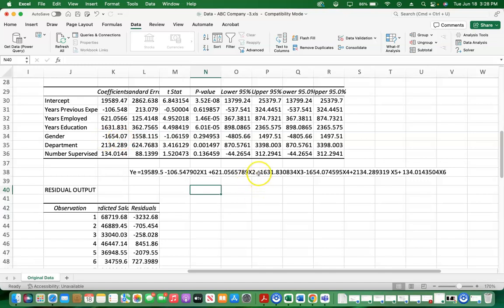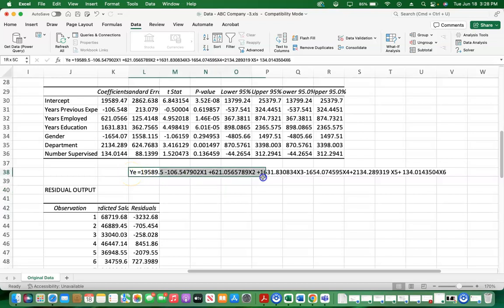So instead of plus, we are going to put minus this value, which is the slope of x4. But this is positive, the department and number supervised. And so we're going to add all these values for x5 and x6. We are not considering residual because all we have is the salary estimated, or the estimates of the salary.